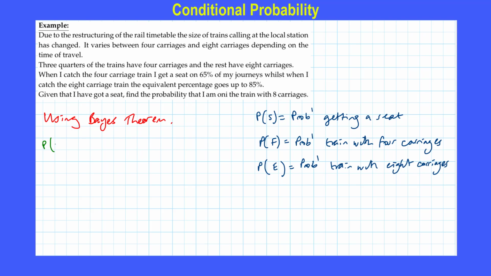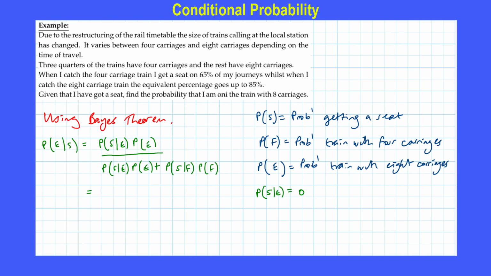So Bayes' theorem, we want to find the probability that we're on an 8-seat train, given we've got a seat. Okay, so using that, writing out the theorem as we had previously. And then we're going to think about what are the values that go in there. So let's just run through those ones.